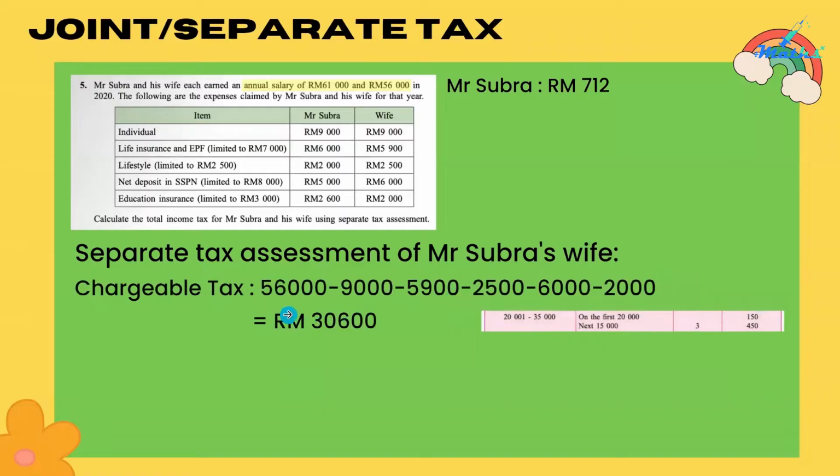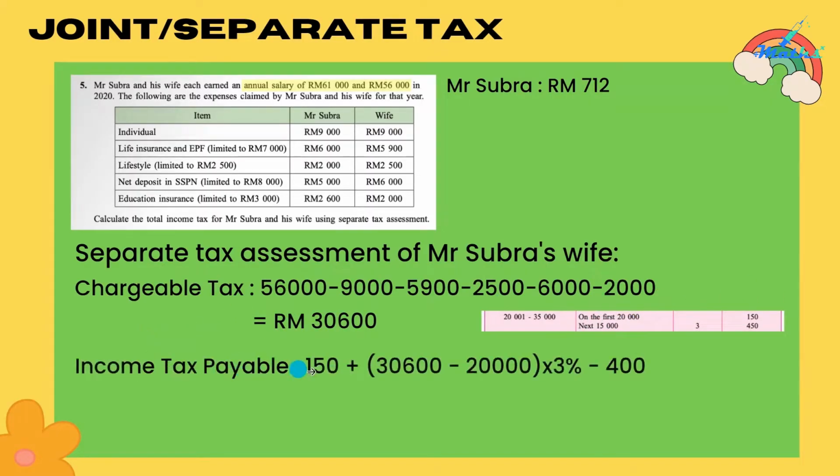So next, let's count for Mr. Subra's wife. For the chargeable income, we use the annual salary and minus all the assessments, and this is the answer for the chargeable income. So we refer to the table, we use the first 20,000, the rate and the tax.